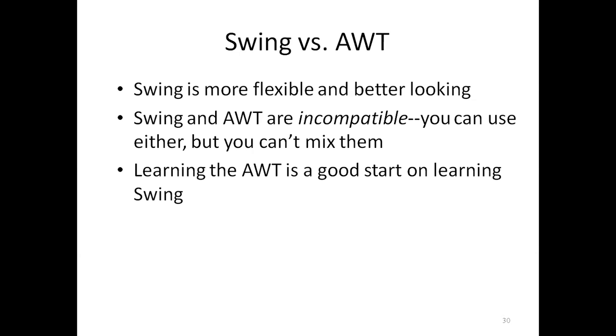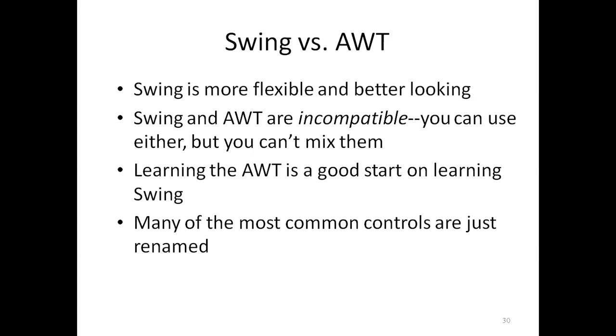Learning the AWT is a good start on learning Swing. Before Java Swing, you should learn Java AWT, because Java Swing is the same as Java AWT, and if you know Java AWT, then it is very easy to learn Java Swing.